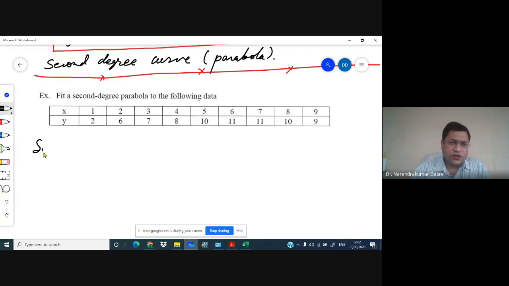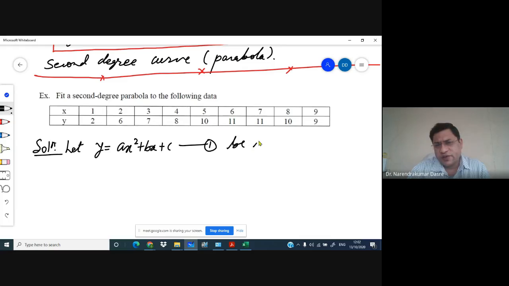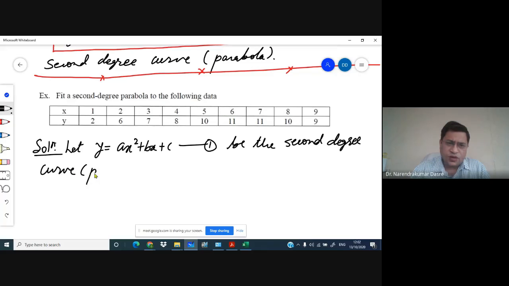So let us write the solution. Let y is equal to ax square plus bx plus c. This is equation 1. The second degree curve, which is parabola.